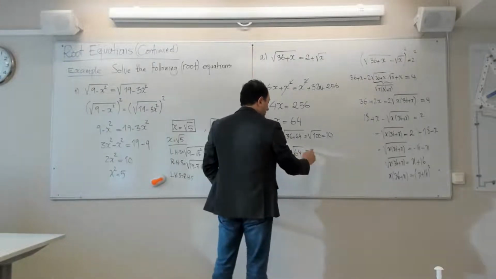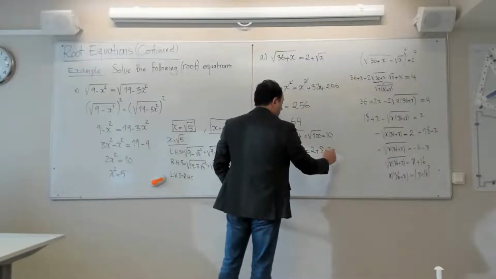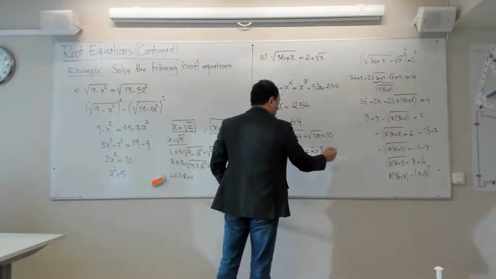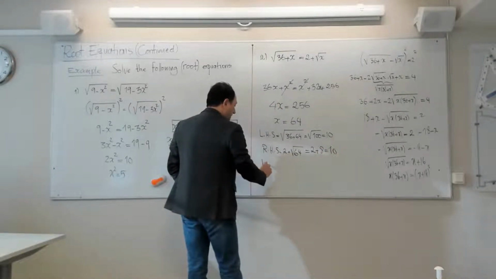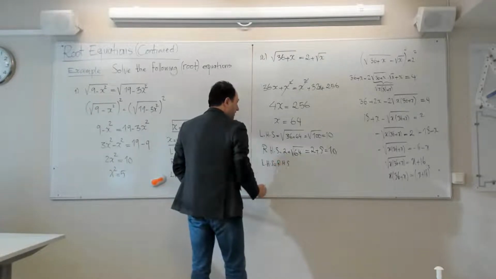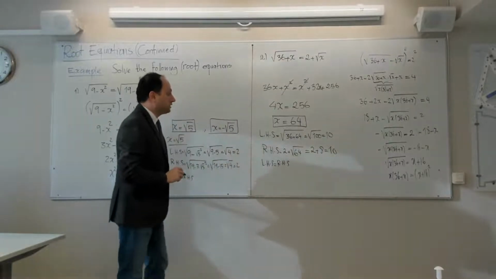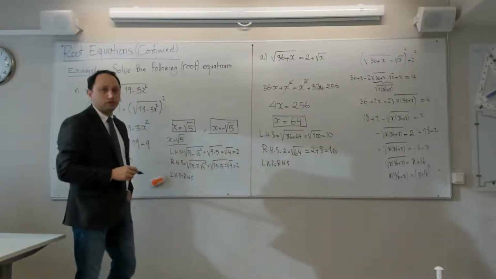But no, you know that a square root of 64 is just 8, and then 2 plus 8 is 10 again. Yes? So this means that left-hand side becomes indeed equal to the right-hand side, and this answer is now acceptable. So there is only one solution to this equation, and this is 64.